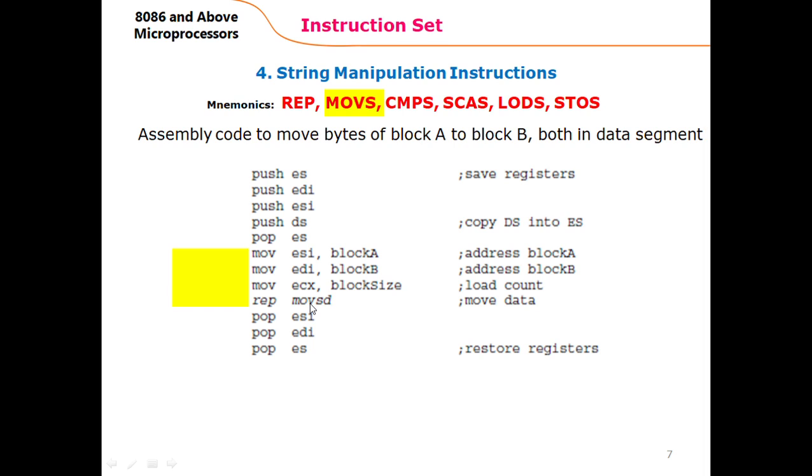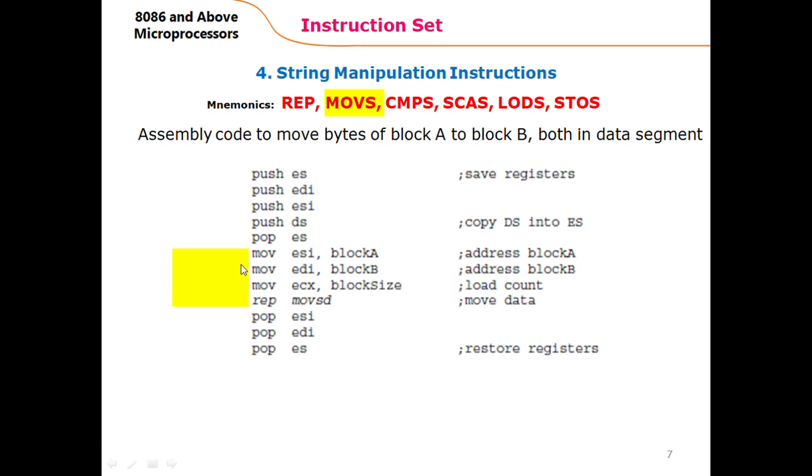So each time it transfers 4 bytes of data. For example, if we want to move 40 bytes of data, then we have to move 10 into ECX, so that this instruction is executed 10 times, and each time it would transfer 4 bytes. So 10 multiplied by 4 becomes 40 bytes.